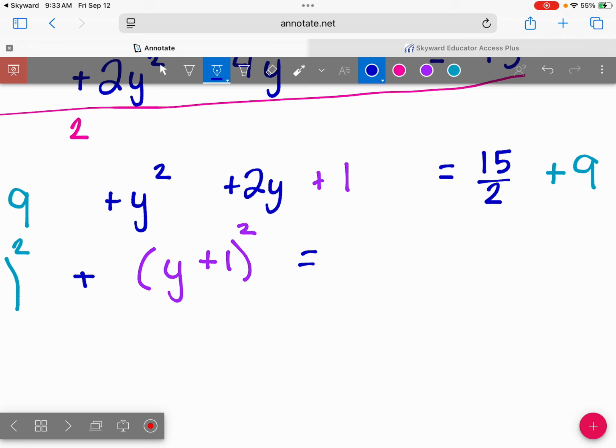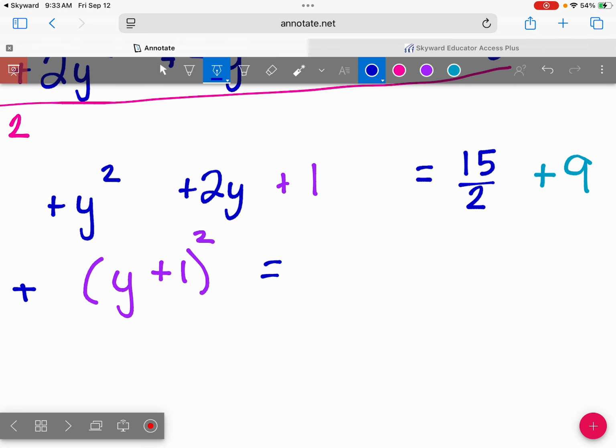What's on the other side? That would be 15 halves plus 10. I would say 15 halves plus 10 is right, but we're going to get there. You can also put them in the calculator, like 35 halves.